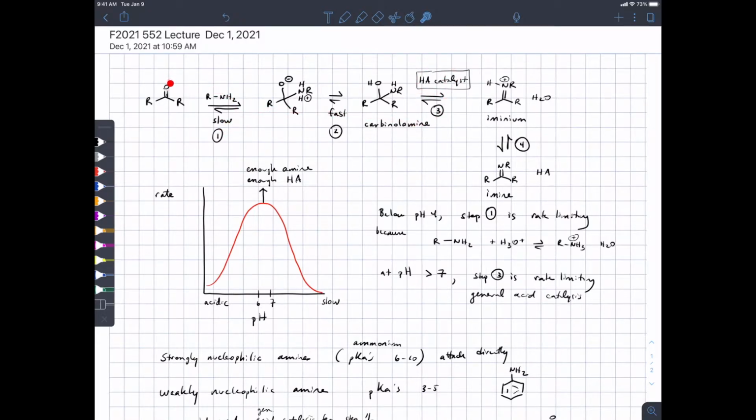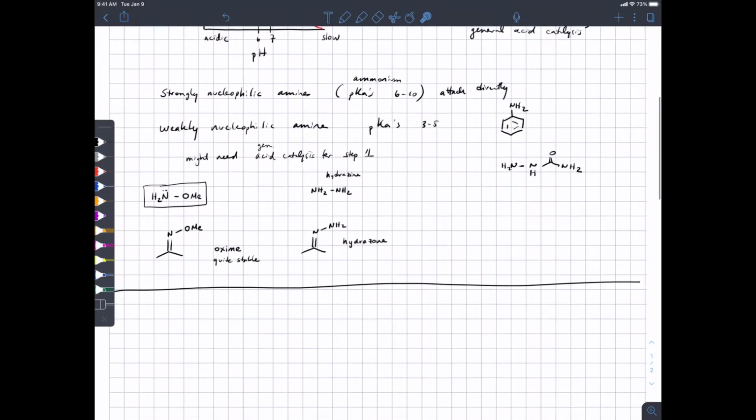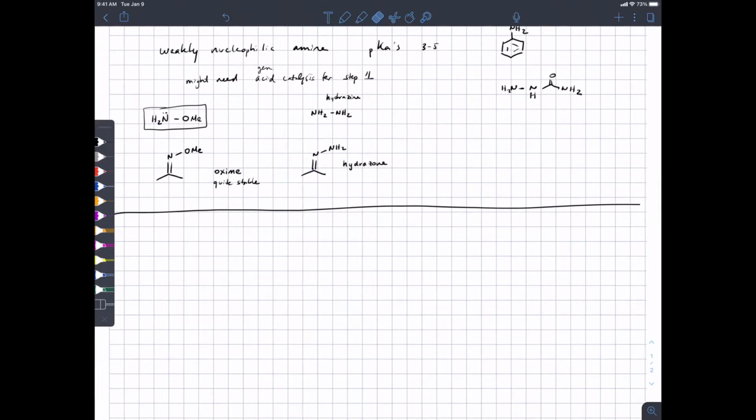You'd need to protonate this first before the nucleophile can attack to get the carbinolamine, and then you would need the acid catalyst again to get to the imine. There's just a ton to do, but what the heck.